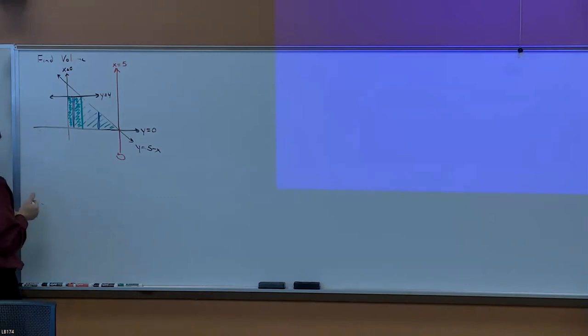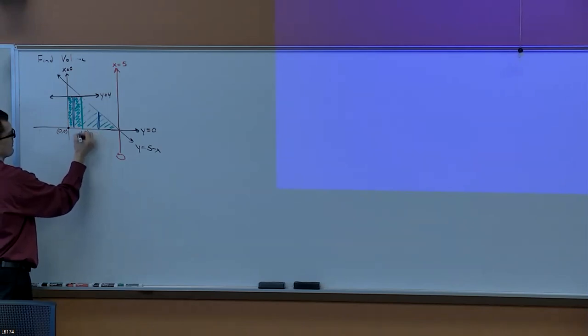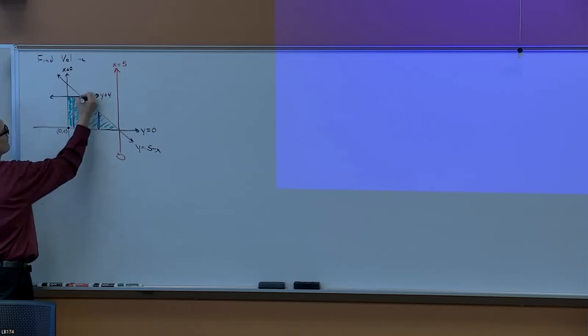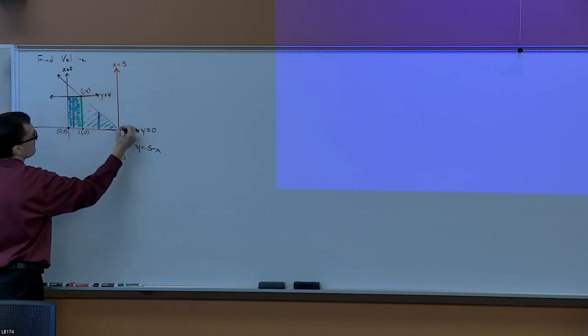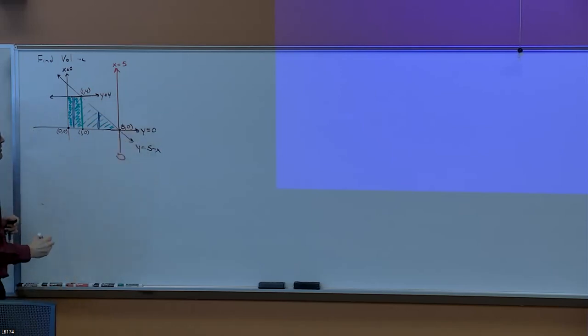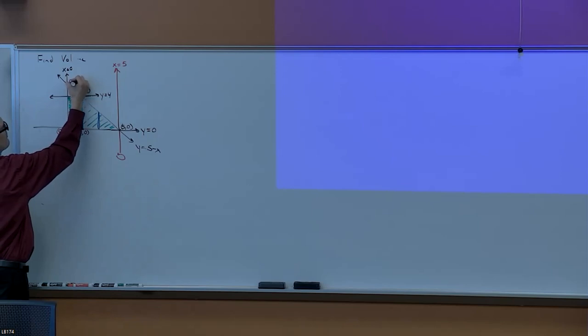Now, let me just say, let's draw some points here. That's the origin. This is the point 1, 0. This is the point 1, 4. This is the point 5, 0. Does that make sense? And this is, by the way, the point 0, 5.